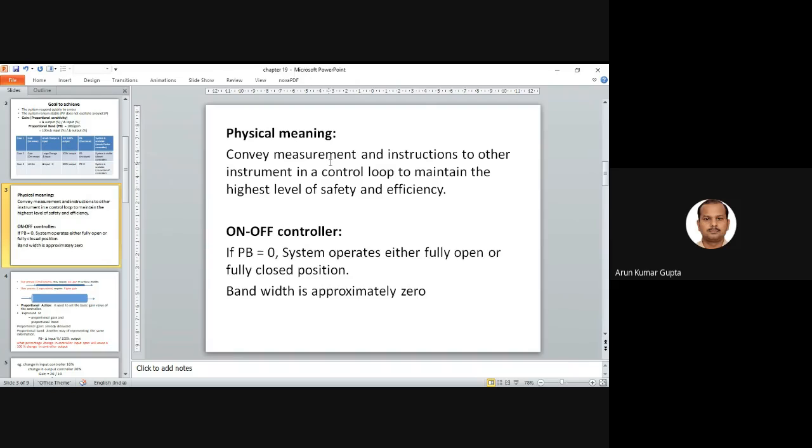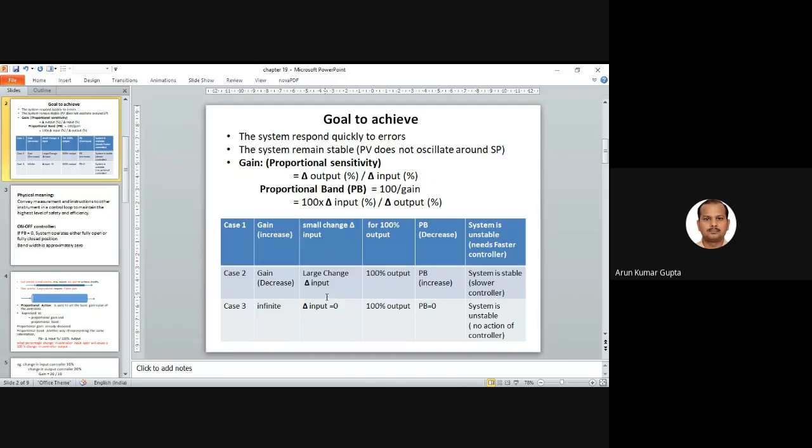When PV equal to 0, the system operates either fully open or fully closed because there is only the set point. So this is a case that is known as the on-off controller. On-off controller we have already defined, but here I am defining it in terms of proportional band, right? Where the Kc, or you can say the gain, is infinite. You already discussed this proportional band, but now I am defining it in a different way.